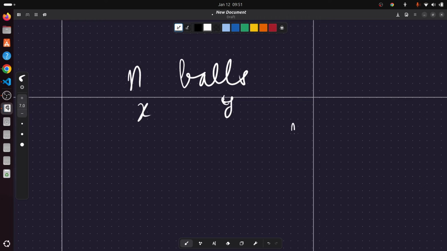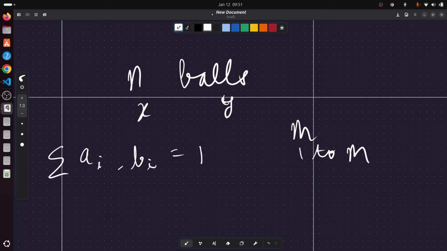We have m different boxes numbered from 1 to m, and let's say in the ith box we place ai red balls and bi blue balls. That means the total sum of these numbers should be equal to n.